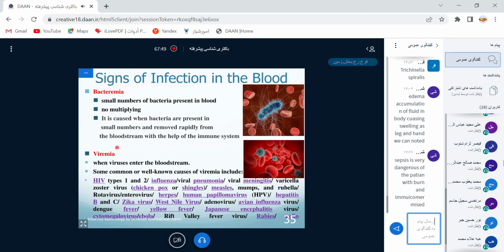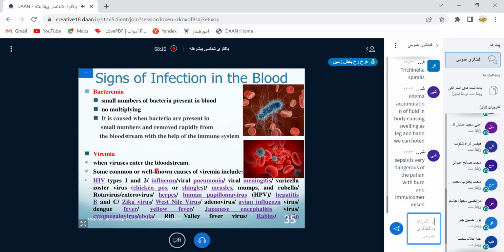If a viral infection reaches the blood, we call it viremia. Like bacteremia, viremia is when viruses enter the bloodstream. Some common or well-known causes of viremia include different viruses.